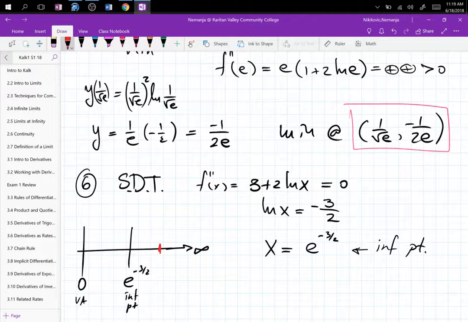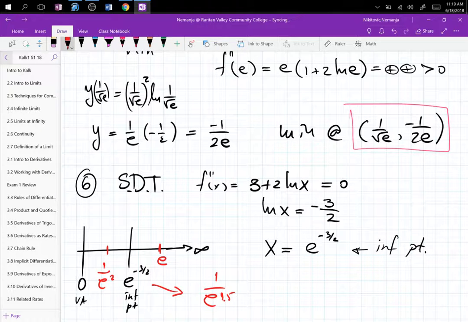Clearly, e is a good choice, because that's going to be larger than this. And then 1 over e squared, because this guy is 1 over e to the 1.5. Right? 3/2 is 1.5, and it's negative, so it goes in the denominator.